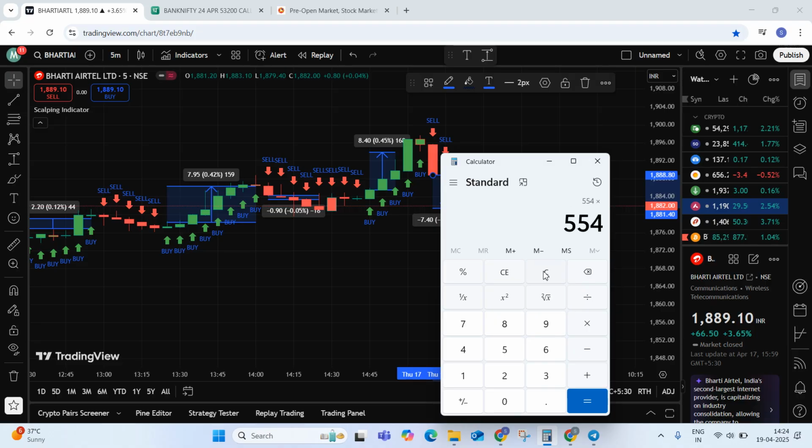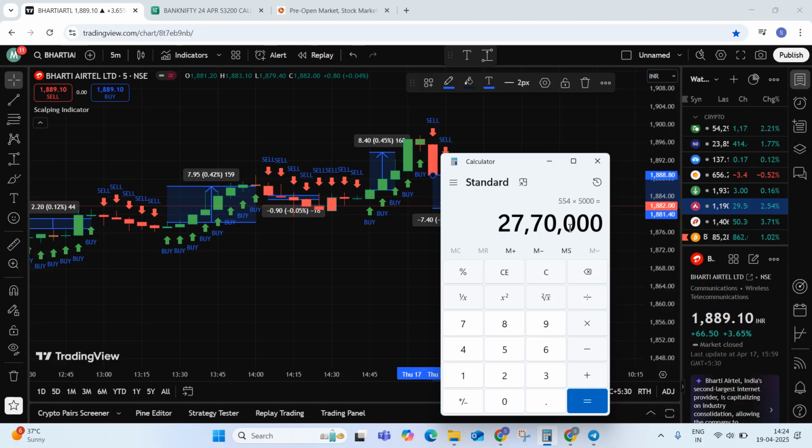If you have a good amount and trade with 1,000 quantity, you will get 5 lakh 54,000. Using our indicator, we captured nearly 554 points on 17th April. Like the big YouTubers, if you trade with 5,000 quantity, here it is showing 27 lakh.